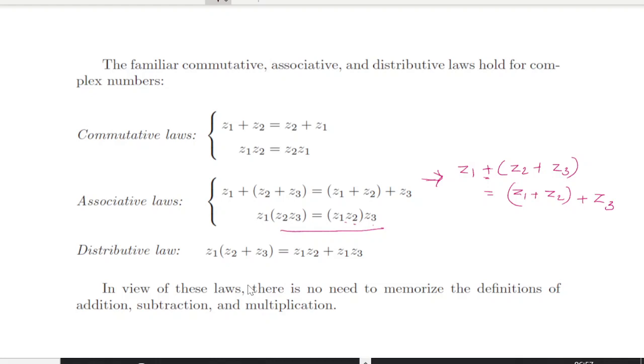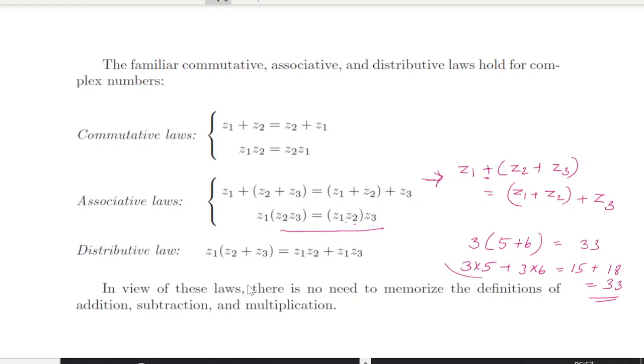Now for distributive law, we are saying that the product is distributive over addition. That is, when you are having 3 into 5 plus 6, you know that this 3 is coming, so this is the same as 3 into 5 plus 3 into 6. So how much would come? 15 plus 18, again resulting 33, right?